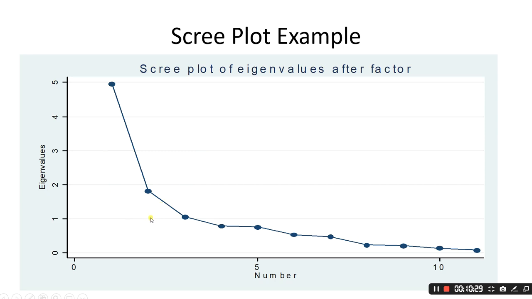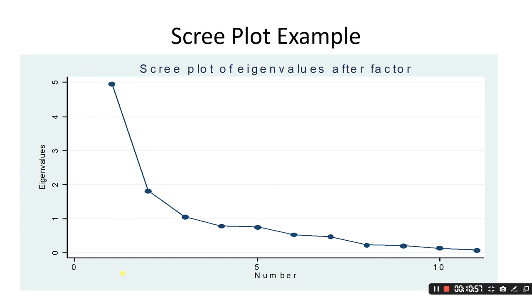Suddenly the eigenvalue drops, and then the drop is very slow, very low. And therefore, in this scree plot, we are able to see that there are only two components or two factors above the scree, and therefore according to this scree plot we will retain only two factors.